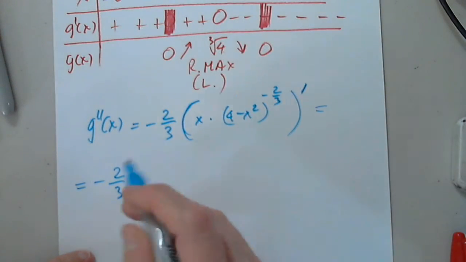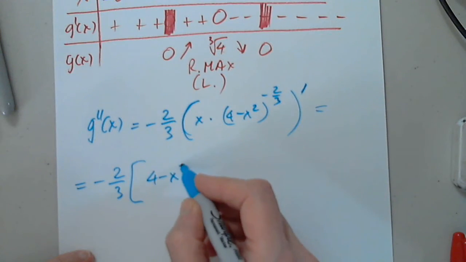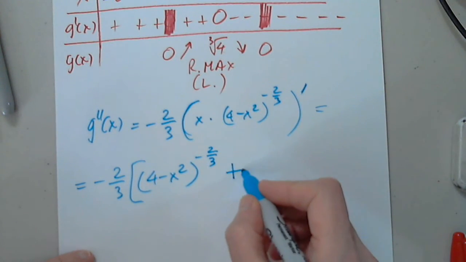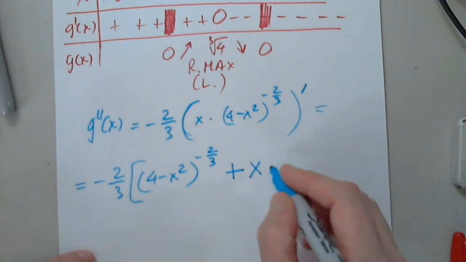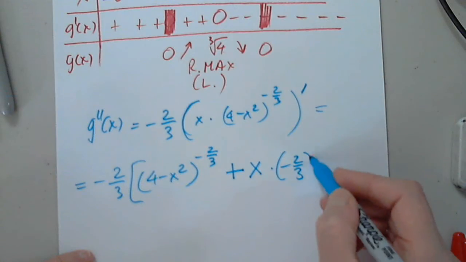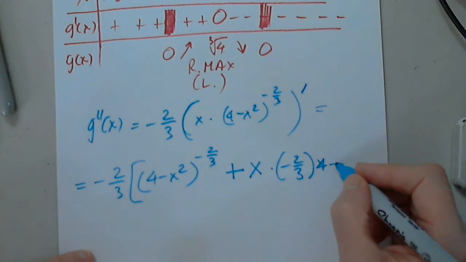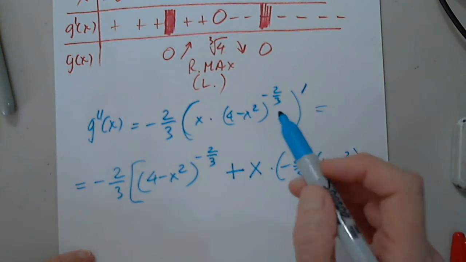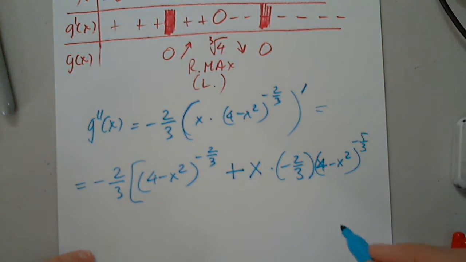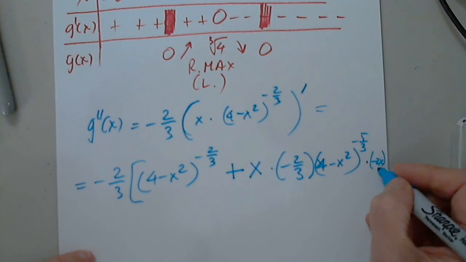Okay, so -2/3. When I differentiate the first function, I get 1. So then (4 minus x squared) to the -2/3. And then plus, I keep x, but I differentiate this by bringing down -2/3. I have to write 4 minus x squared first, to -2/3 minus 1, which is -5/3, and times -2x.